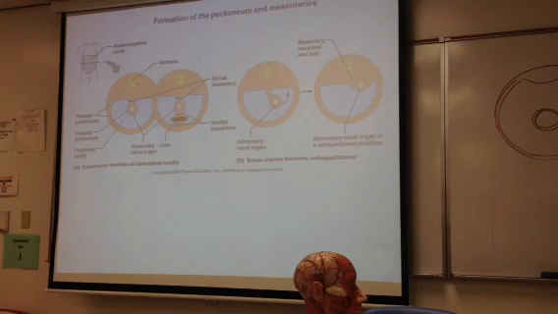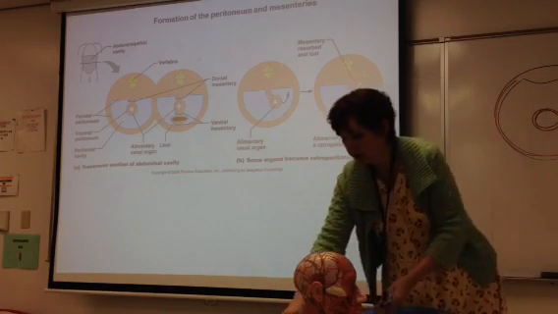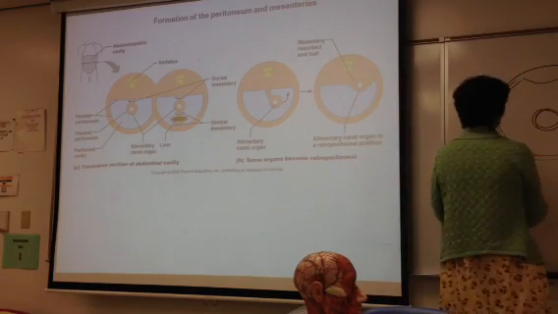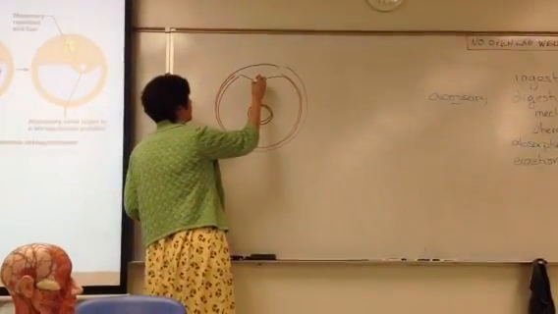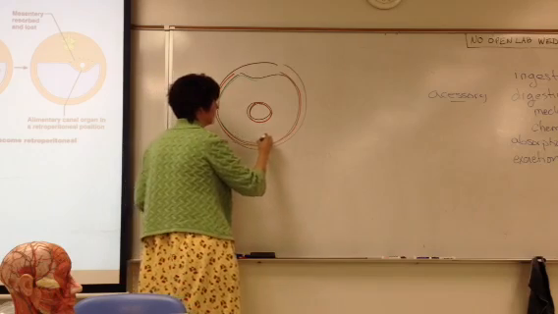But the mesoderm also forms the mesothelium, or the serous membrane. Where that is attached to the interior body wall, it's going to form our parietal peritoneum.